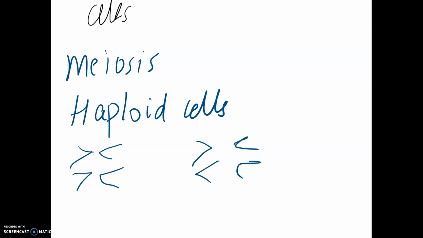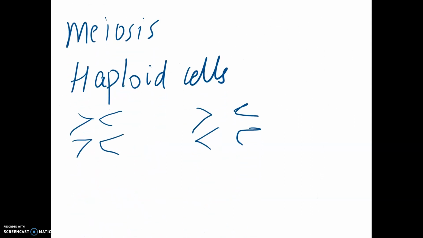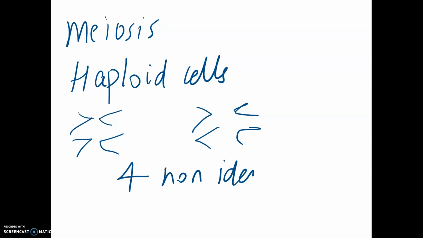These are your half number of cells. Here you got identical cells. Here you got half the number of cells and non-identical. So you got 4 non-identical cells. And that's a quick whiz through mitosis and meiosis.